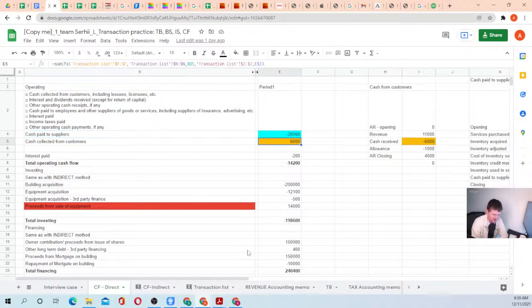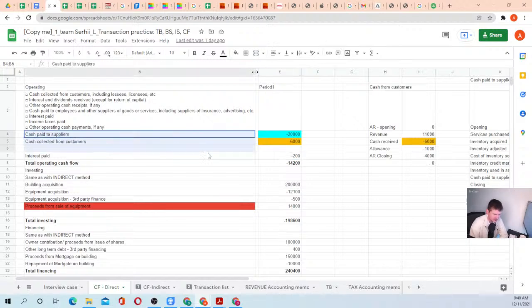You collected some cash from customers, and you will also show that in your cash flow statement. You'll pay some interest on your borrowings, and you will also show that in your statement. And most companies do not use that method because, first of all, it's pretty hard to calculate these numbers.